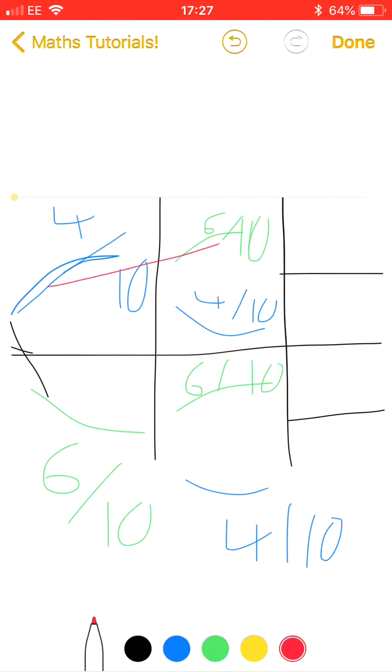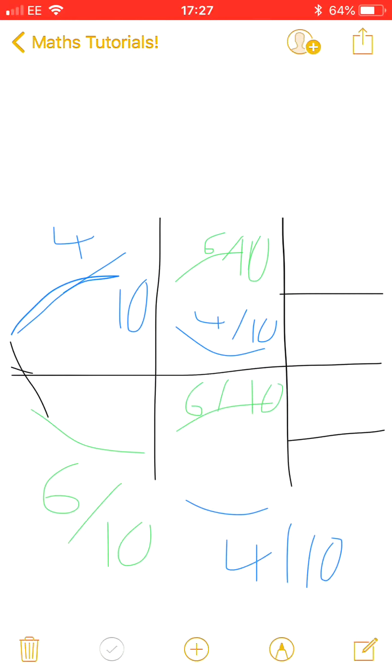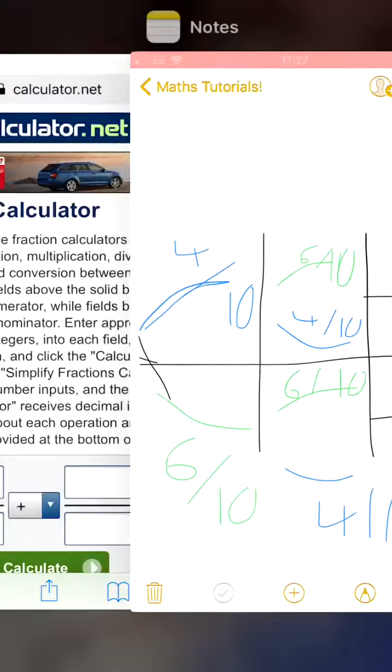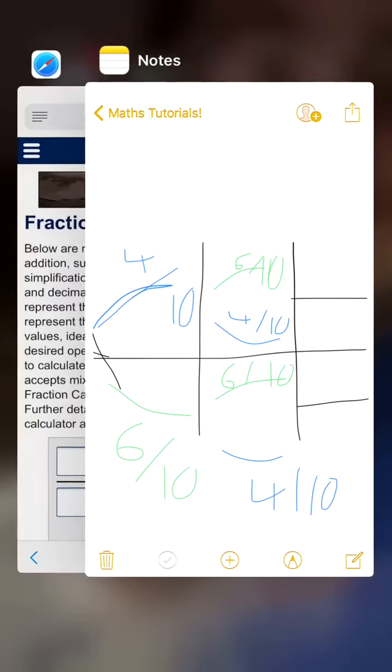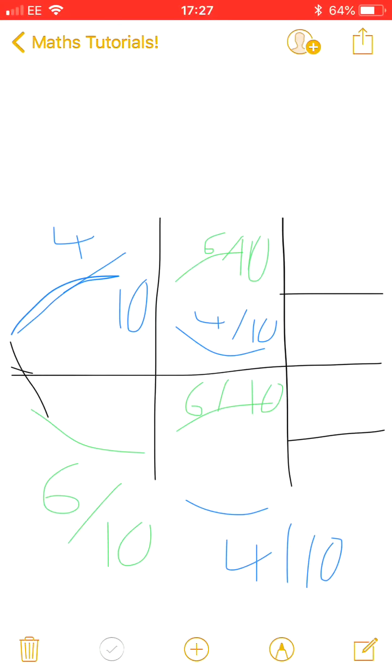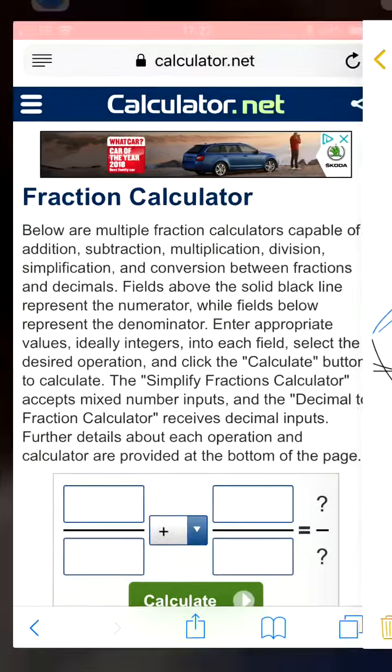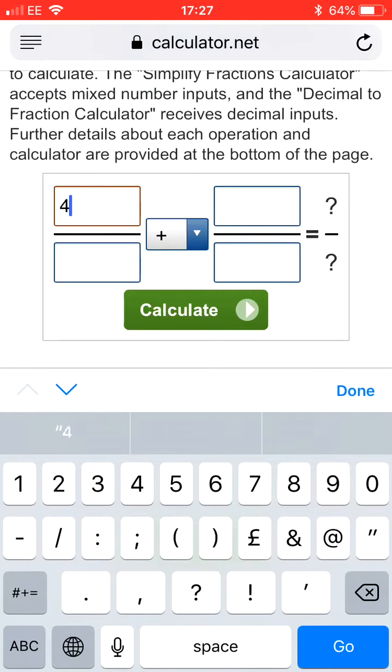So we have 4 outcomes here. We could have a blue and then a green, a blue and then a blue, a green and then a green, and a green and then a blue. Now, as I have not taught you all fractions in my tutorial series, I'm just going to do it online. So first thing we need to look at is 4 tenths times 6 tenths.